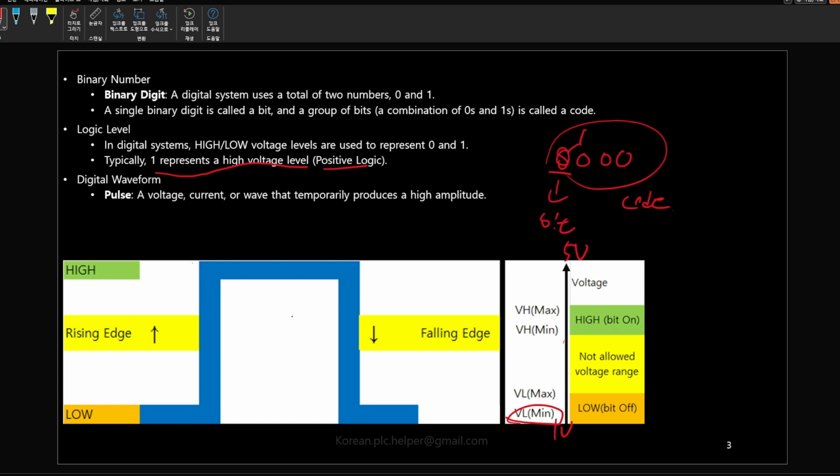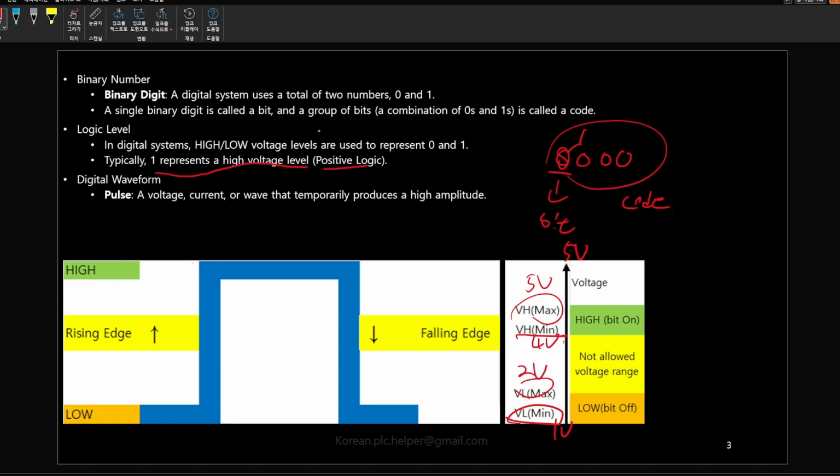Let's assume it is 2 volts. Next, let's define the voltage for the voltage high min status as 4 volts. Voltage high max is 5 volts.